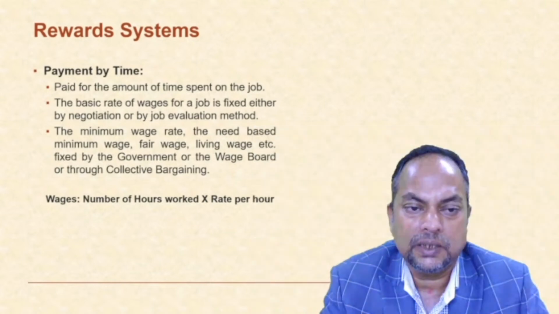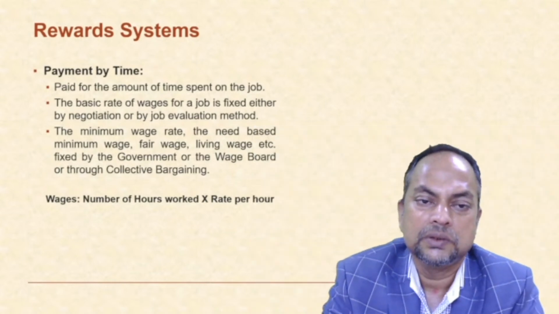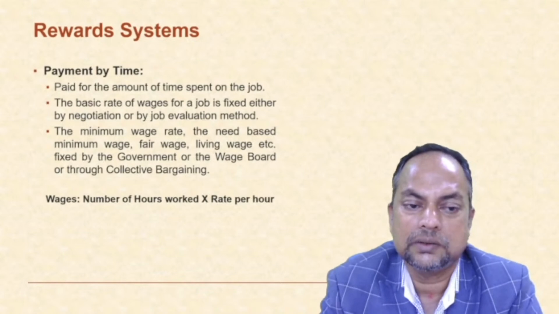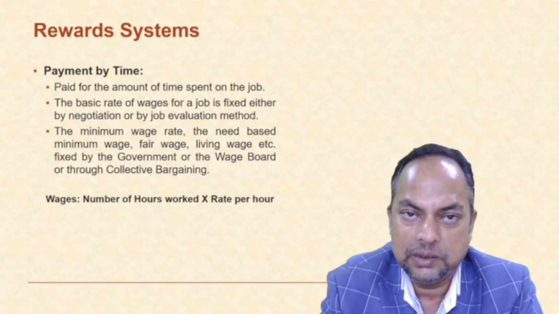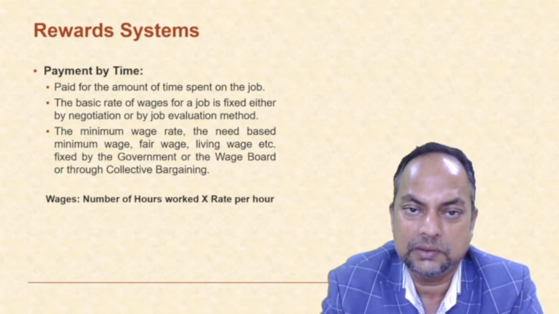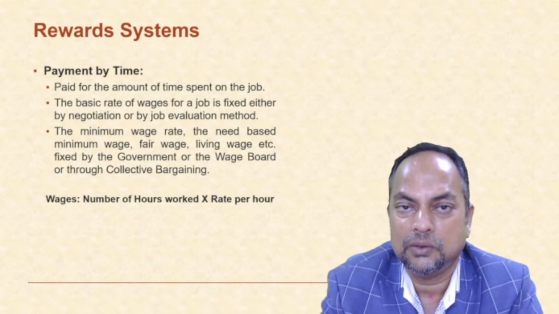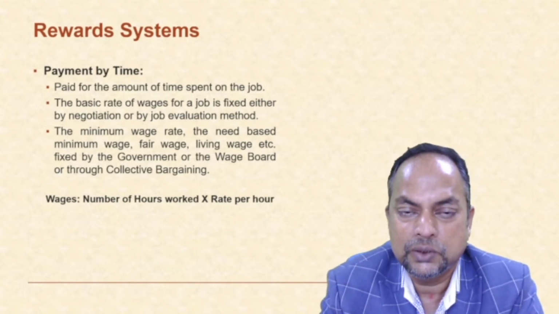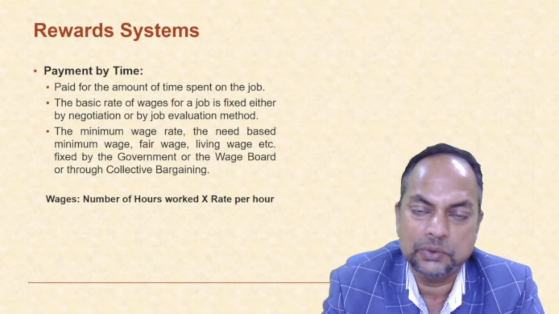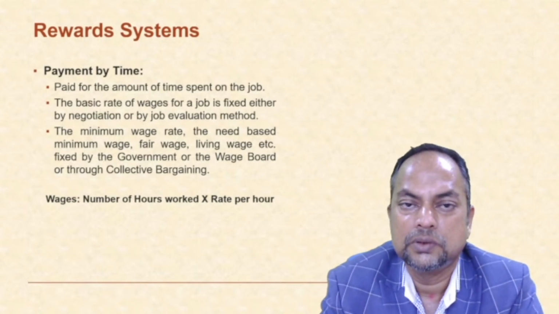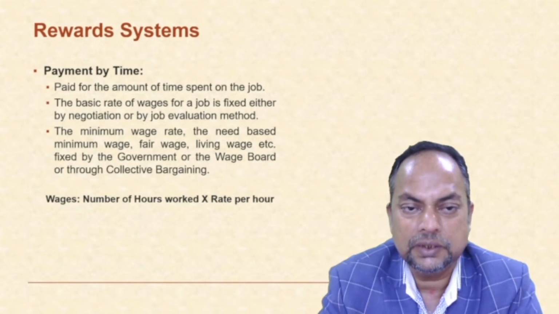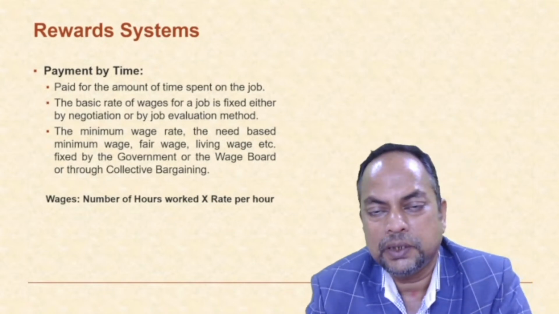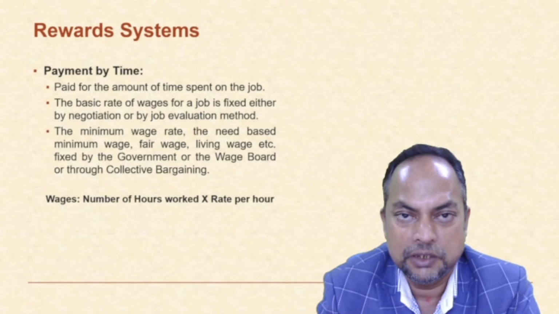So basically, the wages are calculated as per the number of hours a person has worked in that particular organization and the rate per hour. Through proper job analysis, time study, motion study, process study, the rate per hour is defined.